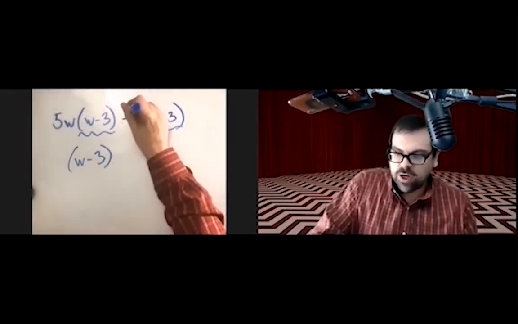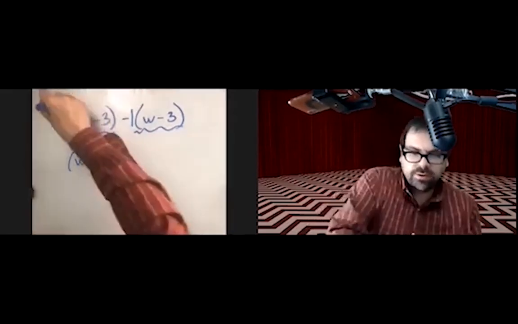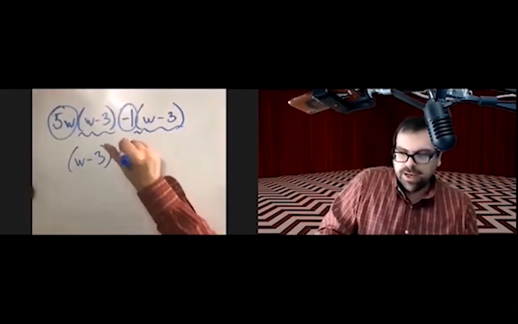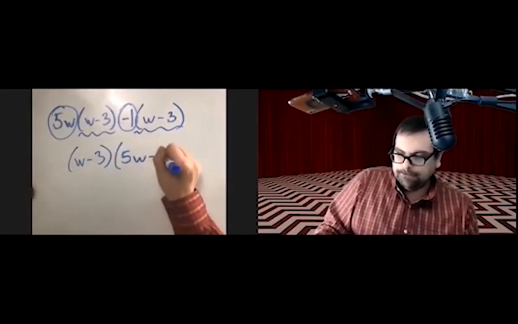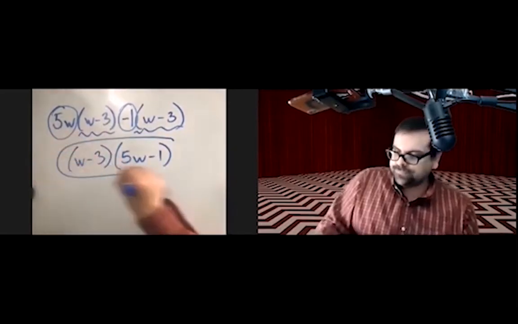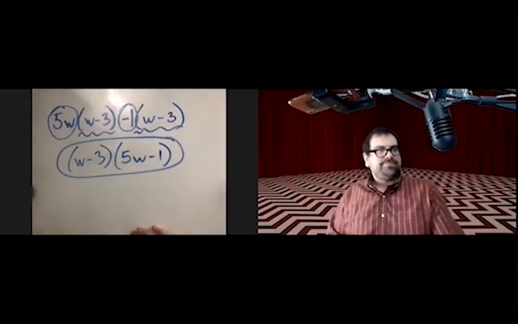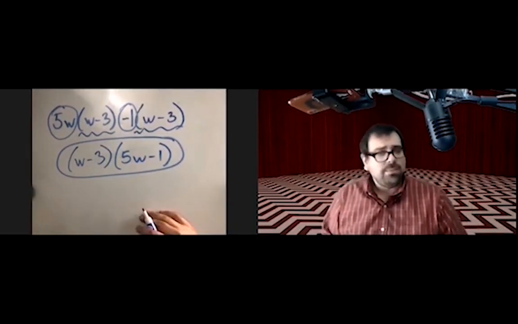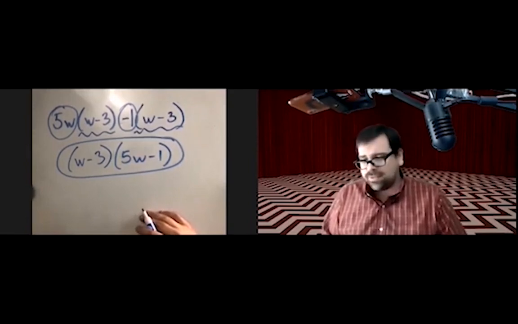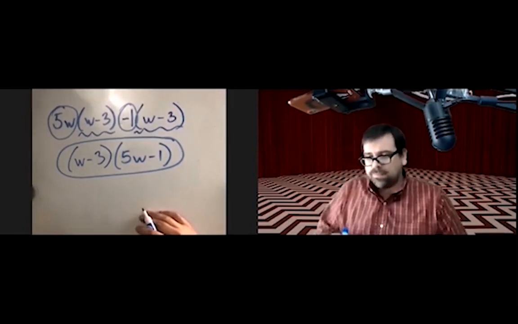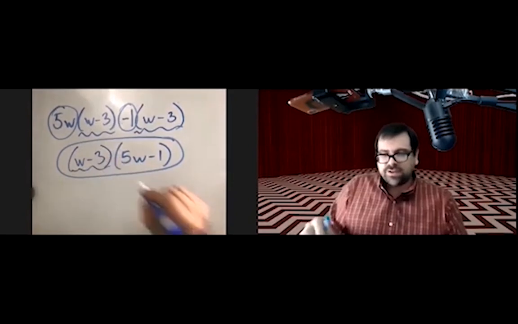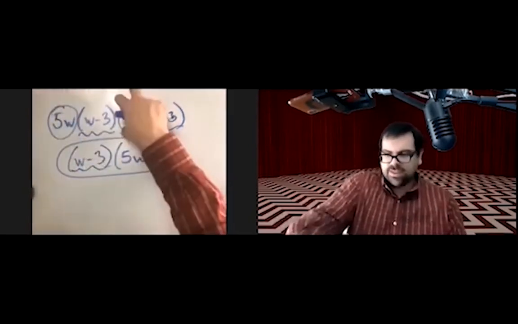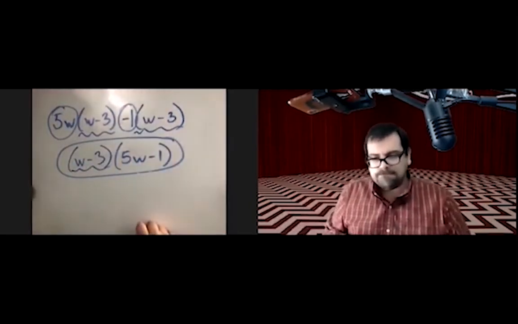We have our imaginary 1, 5w minus 1. That's it. Doing all that color coding was just making it more complicated in terms of what I'm writing. But the common factor gets factored out, and then what's left over is right there.